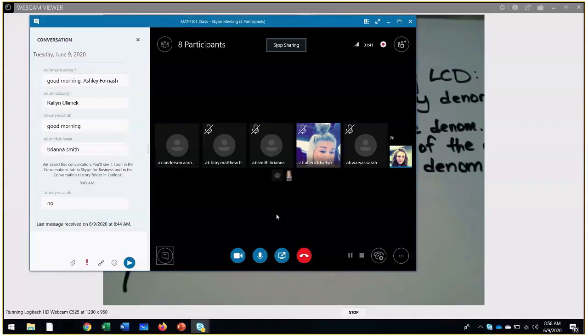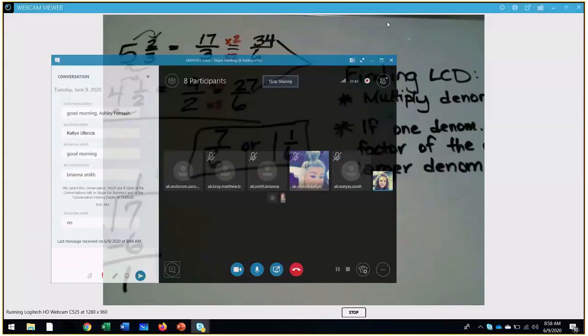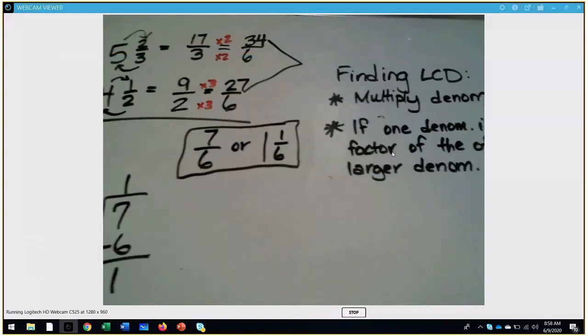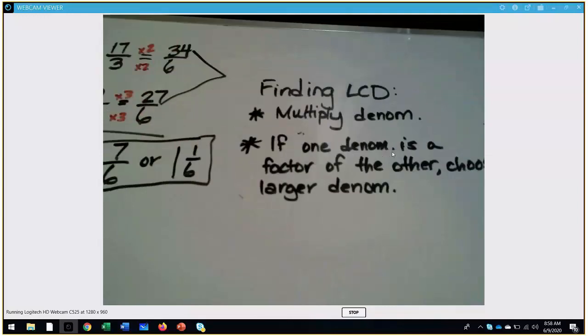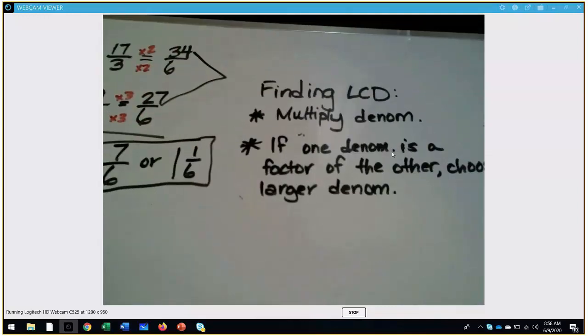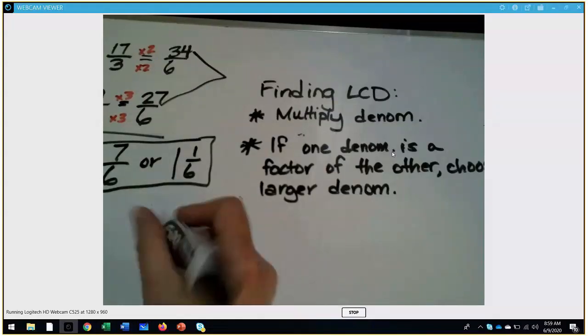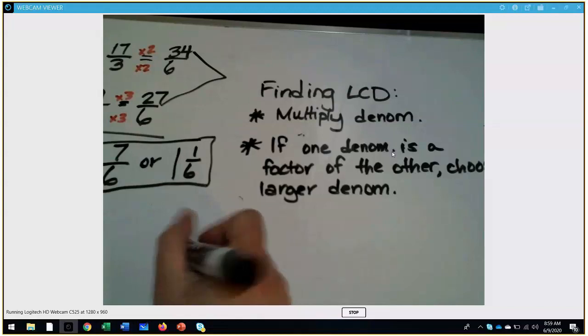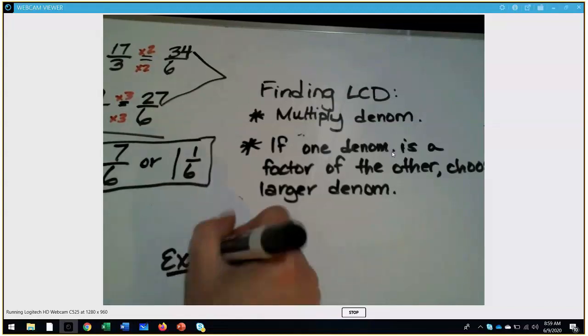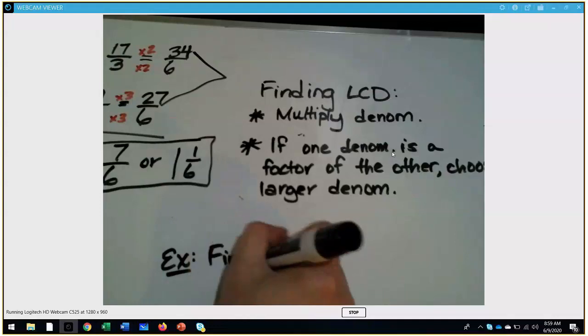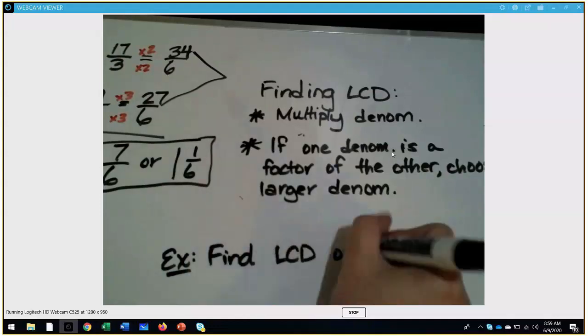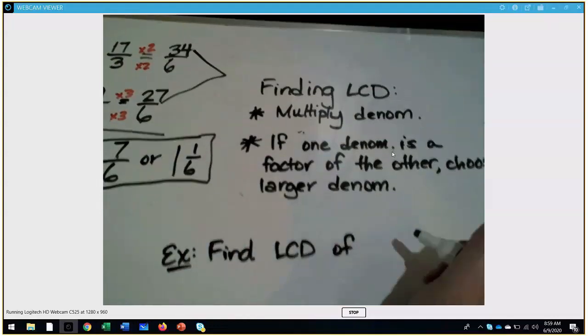So before we talk about the word problems, I just want to finish up my thought over here. It didn't come up in any problems, but there's a few other things you can do if you're stuck trying to find a common denominator. So let's say we were looking for the least common denominator of, just making this up, 6 and 9.